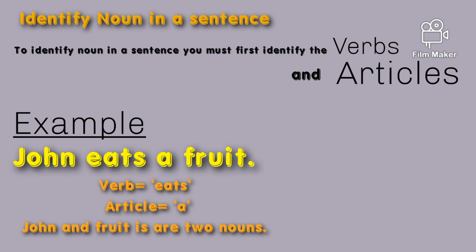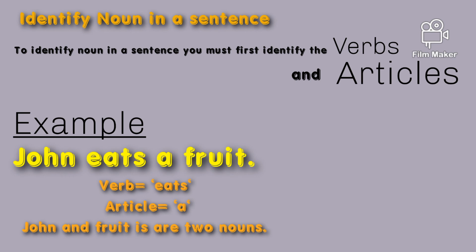And article, I told you before, a, an and the. These are articles, right? So a is an article here. So there, eats and a. You can also say it cannot be a noun because verb. Eats is a verb, a is an article. Then what remain? John and fruit.